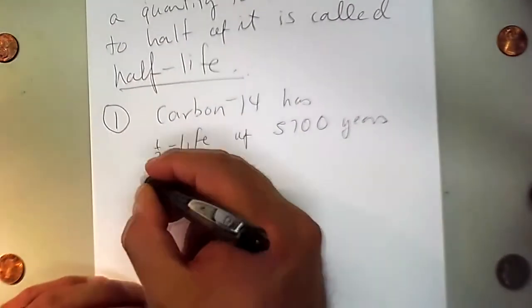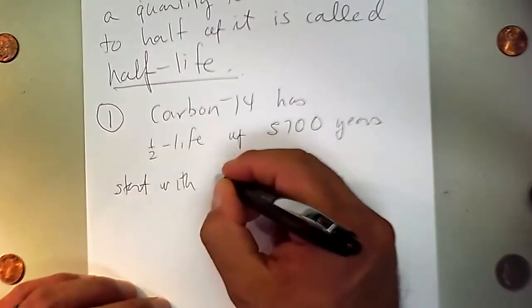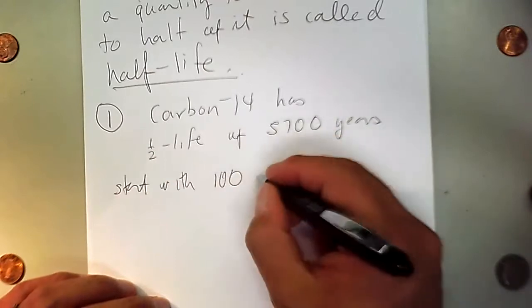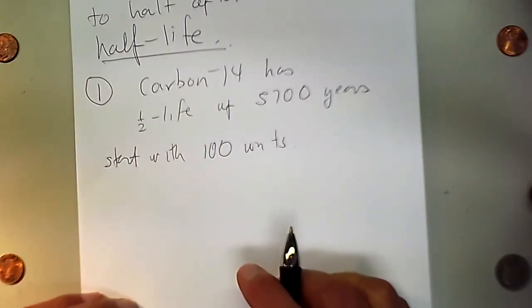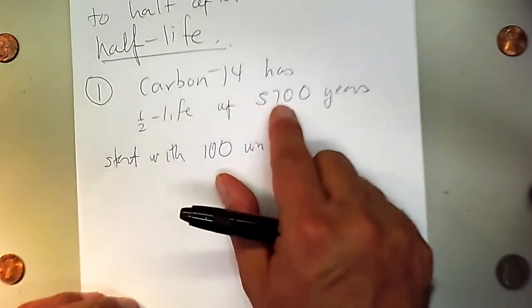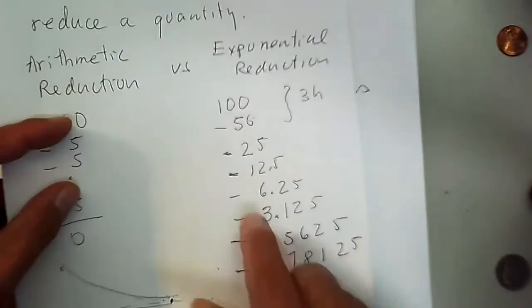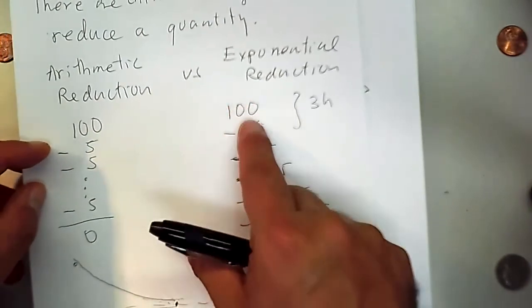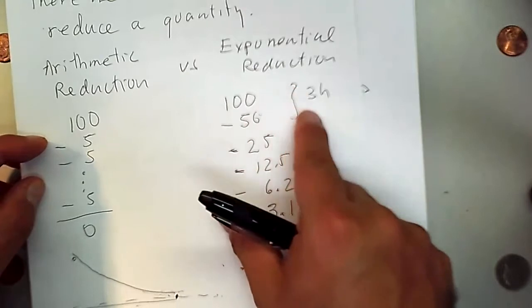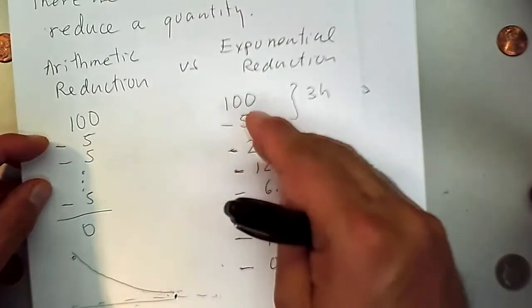So let's pretend you start with 100 units, and after 5,700 years, how many units are we going to have? Well, it's the same thing as the problem here with what we have in our blood. After 3 hours, if we know that 3 hours is how long it takes for our body to get rid of half of the substance.